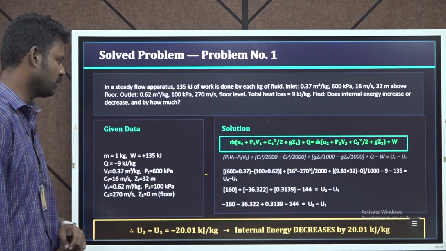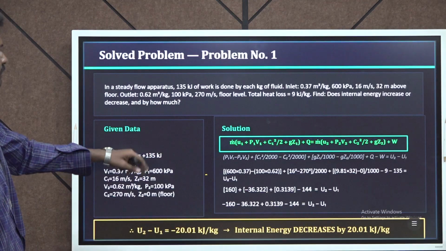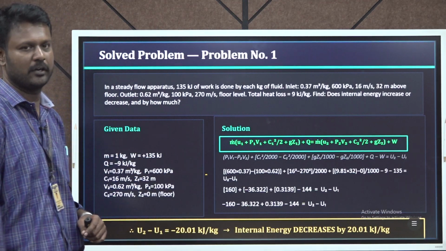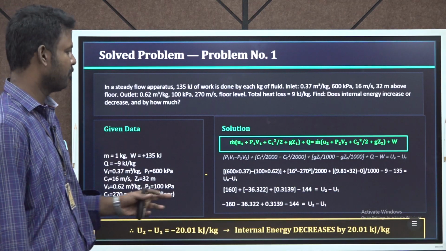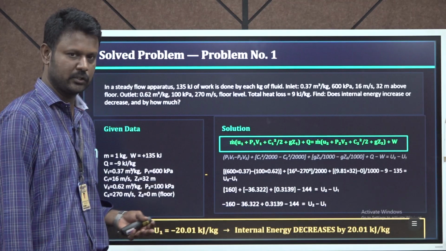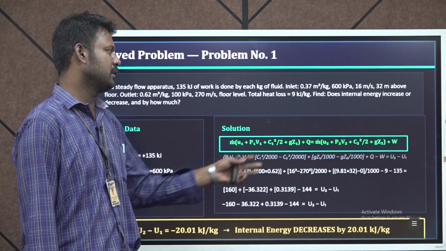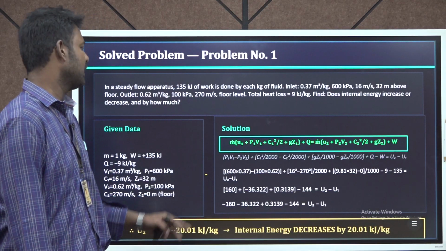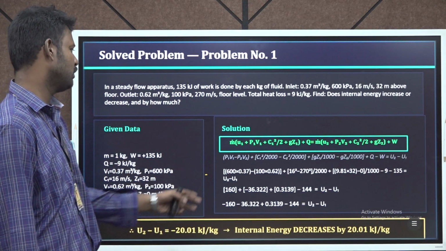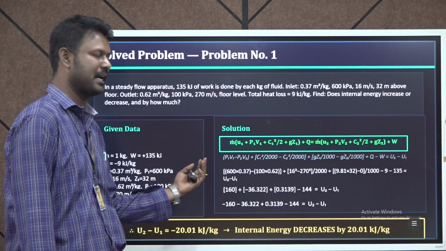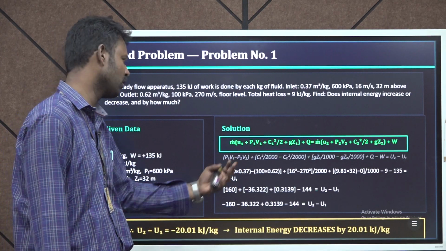And for the solution, we write the formula: M dot into U1 plus P1 V1 plus C1 square by 2 plus G Z1 plus Q is equal to M dot into U2 plus P2 V2 plus G Z2 plus C2 square by 2 plus W. Here the M value is 1, so it cancels, and we gather all the P1 V1 terms and C1 square, C2 square terms into a single equation so that we can easily solve the problem.